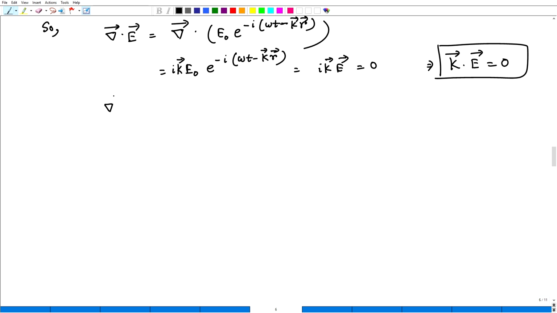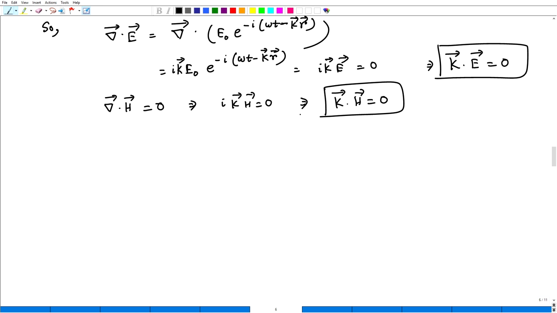Now, similarly, this is also 0 in case of vacuum, we are considering the vacuum. So, here also from here I am writing directly, k dot H is also 0. So, again considering another two Maxwell's equations, we can prove that simultaneously.